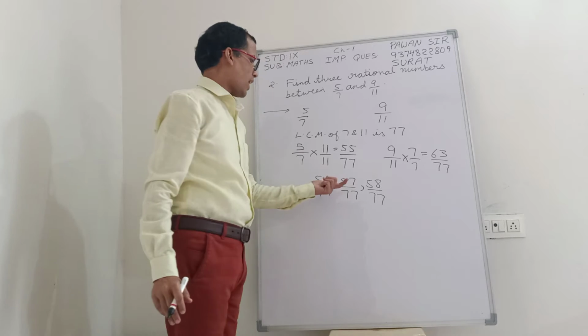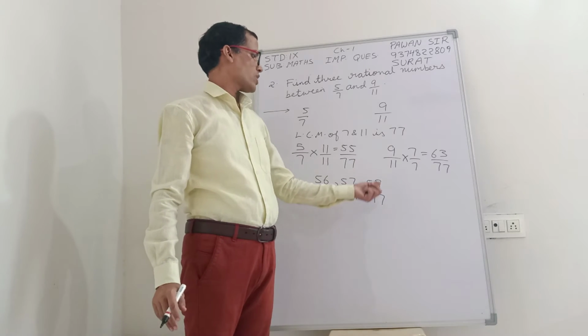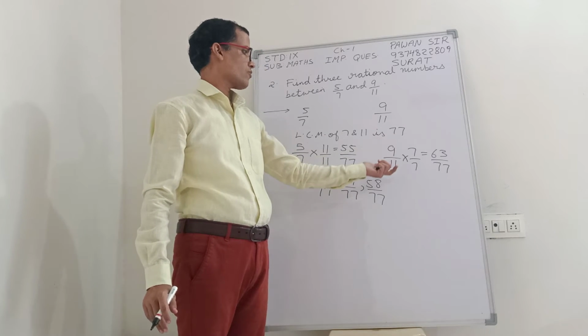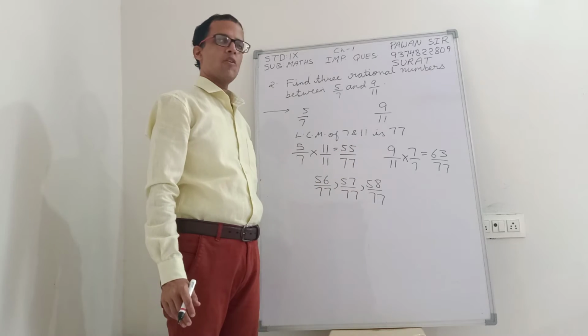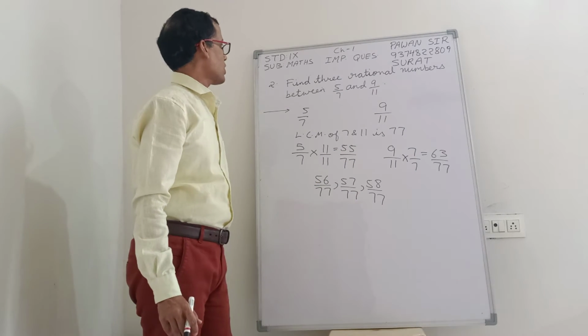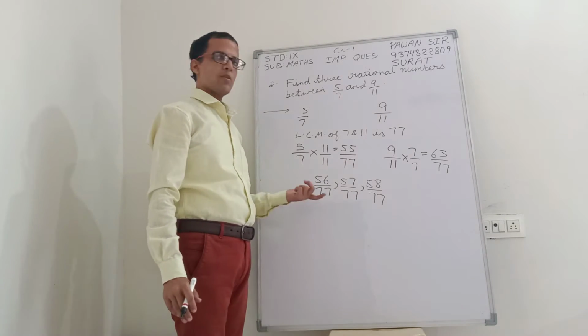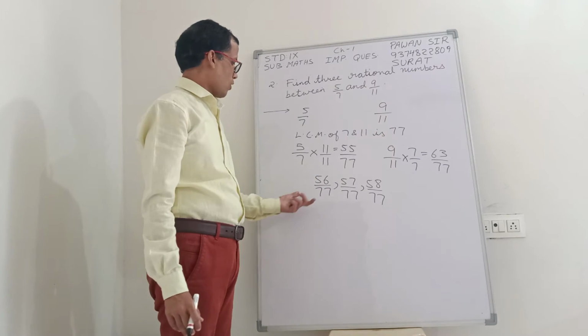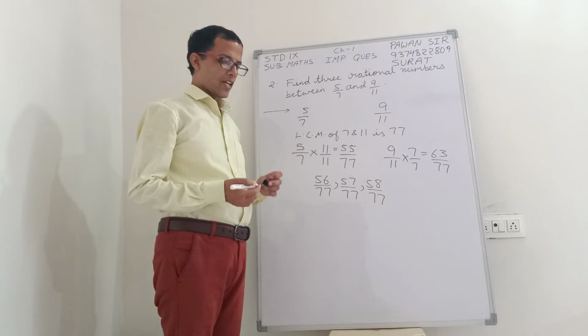You may write other numbers also, 59 by 77, 60 by 77, 61 by 77, 62 by 77. As you know, there are so many rational numbers between any two numbers. So this completes our second question.